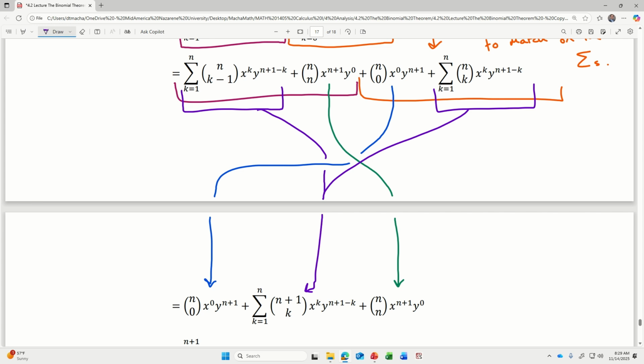And the coefficients over here are n choose k minus 1. The coefficients over here are n choose k. And then when I combine them and add them together, I get n plus 1 choose k. That is exactly what we proved yesterday. And it's called Pascal's rule.